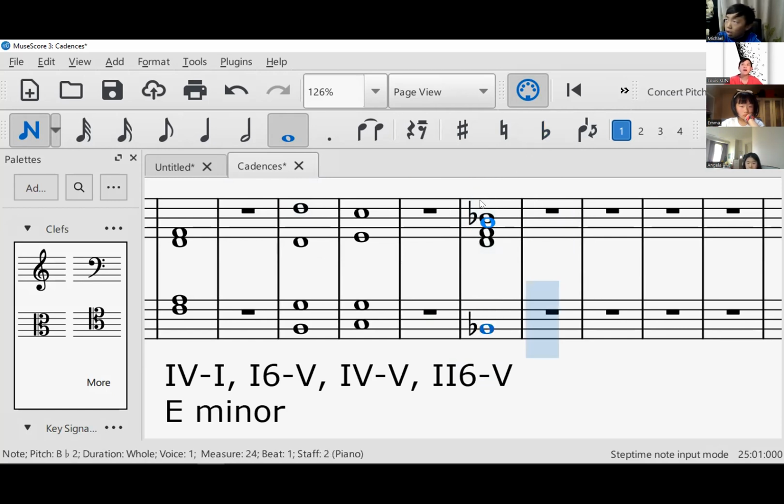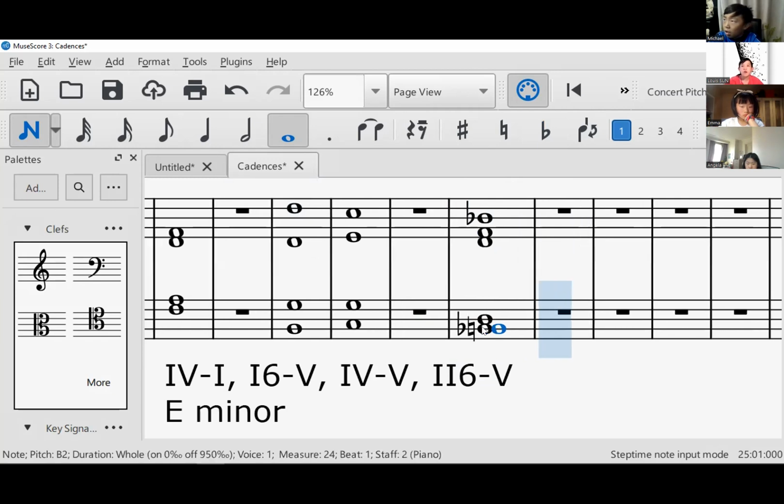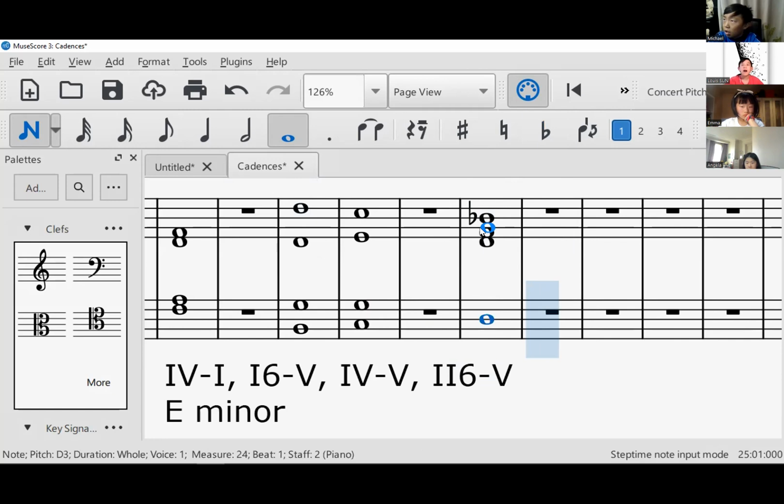So D goes in the bass, and now you have the choice of doubling either F or B flat. Let's go with B flat. B flat, F, and B flat.